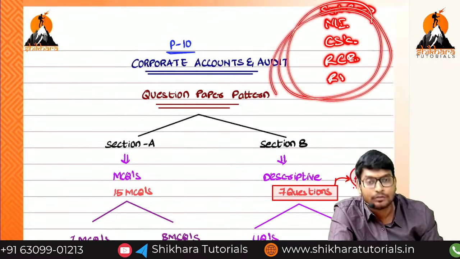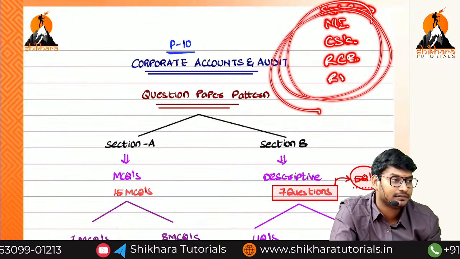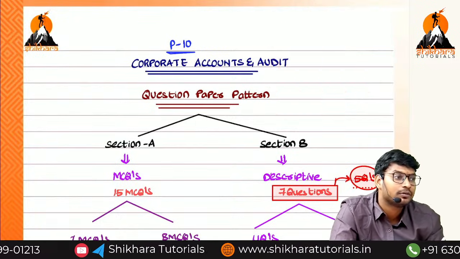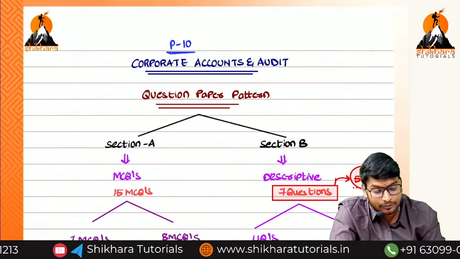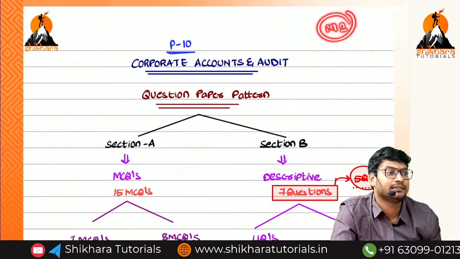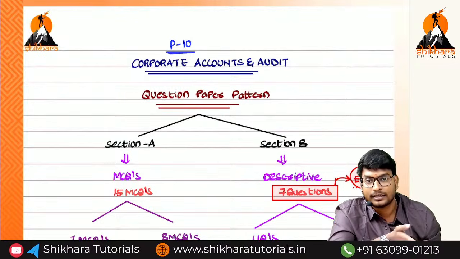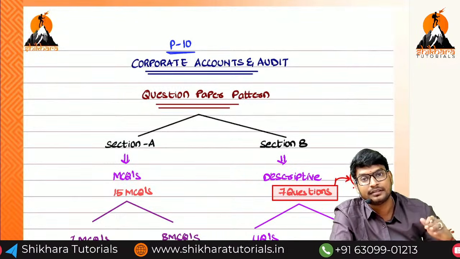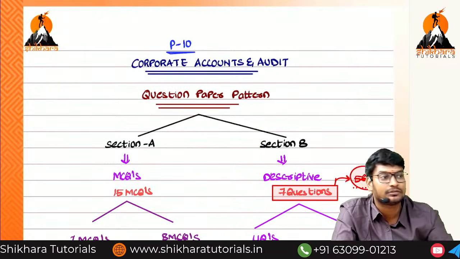Combined, the total overall IPL is called a corporate. If you take only Mumbai Indians, it is a company. If you take all the teams combined, the IPL organization is called a corporate.